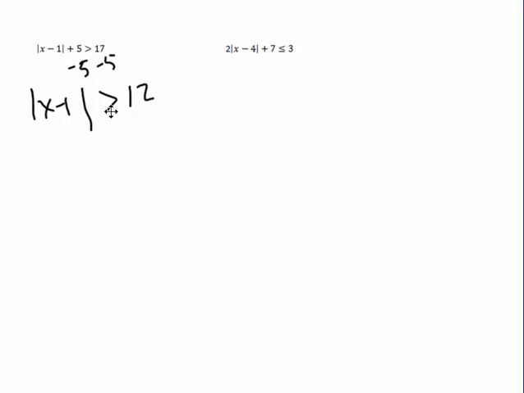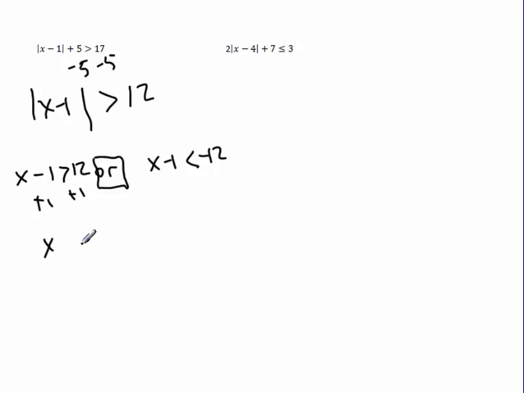So this is the greater, meaning I have to split it into x minus 1 is greater than 12, so I stay with the one that I see, or x minus 1 is less than negative 12. And I can add 1 to both sides. I get x is greater than 13. I add 1 to both sides here, and x is less than negative 11.